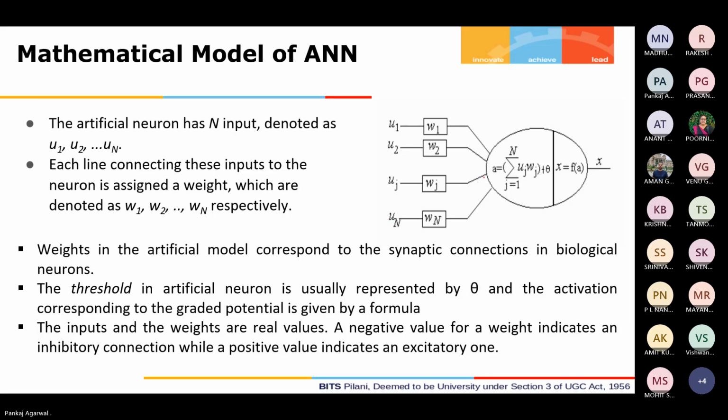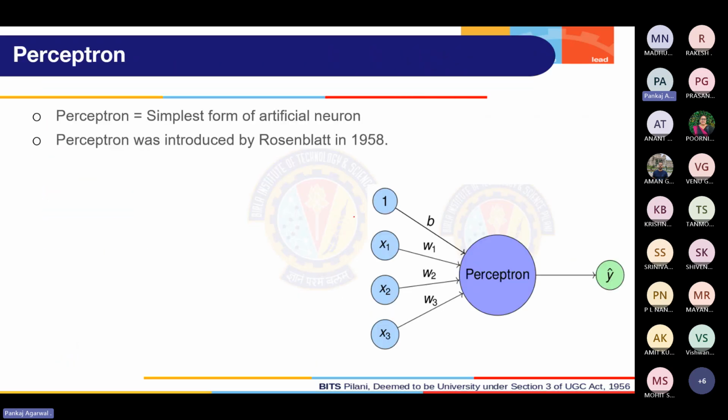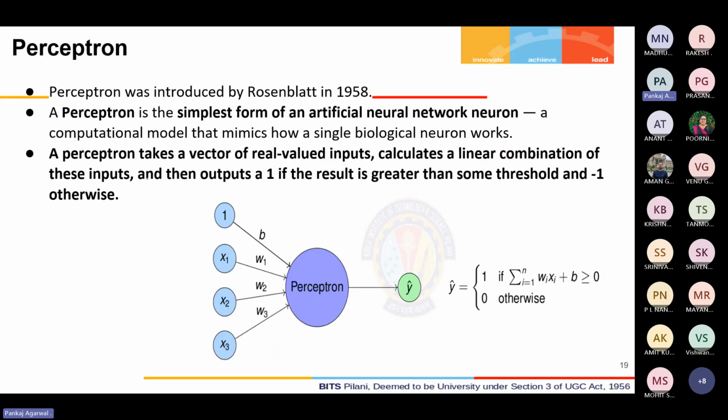So in a way, we understood how a basic unit in the neural network works, that is the neuron. Then we touched upon the most popular and the first actual neural network that came into existence, that was the perceptron, in 1958.